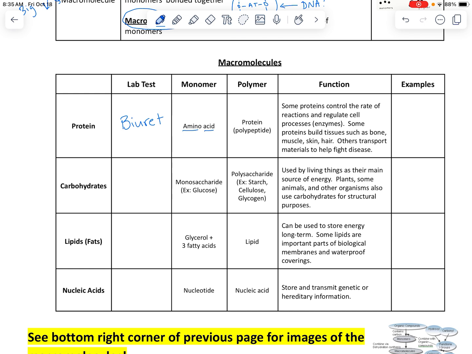Now the polymer, this is where it gets a little fuzzy. The polymer here is really the polypeptide, right? So if I take an amino acid and I bond it to an amino acid and I bond it to an amino acid, that's obviously, I'm starting to build the polymer. I don't like the word protein here because when you get to a functional protein, that's really the macromolecule.